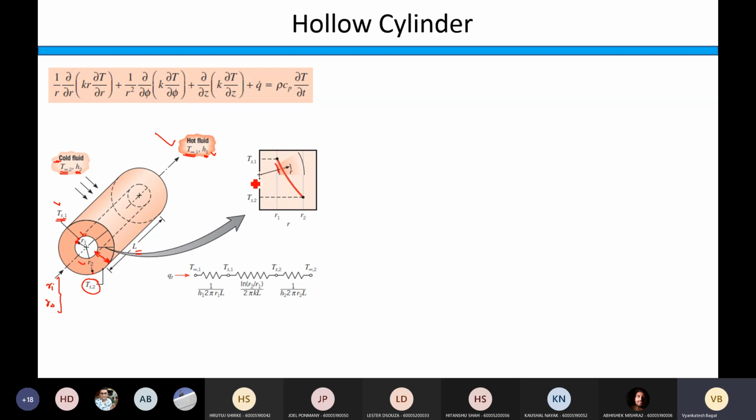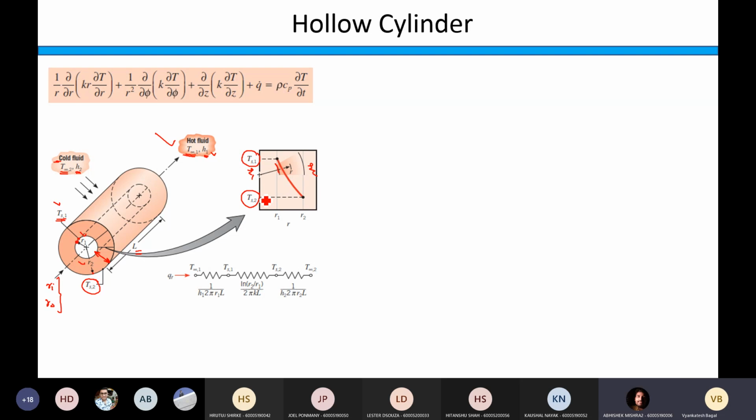So this is the radius R1. So this is the radius R2, and in between this R1 and R2, how the temperature is varying. This curve indicates the temperature distribution in this thickness of the cylinder. Is it clear? So temperature is varying from Ts1 to Ts2. Fine. Hello. Yes, sir.